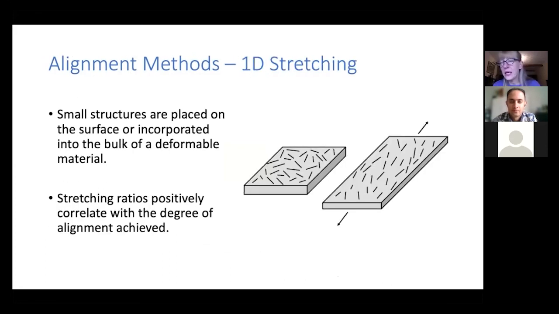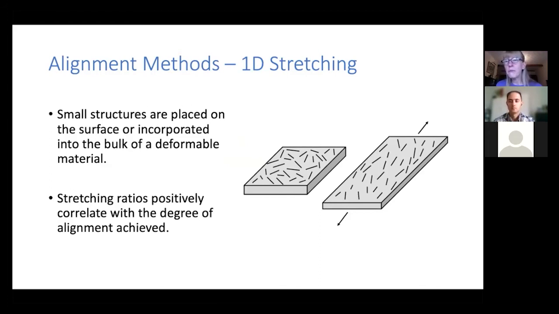You're putting these small scale structures with an aspect ratio on a substrate, but your limitation is how far you can stretch it, and that you have to have a flexible substrate. And sure, you might be able to transfer them, but in the transfer process, you may have some misalignment as well. So this 1D stretching, for example, has limited success.